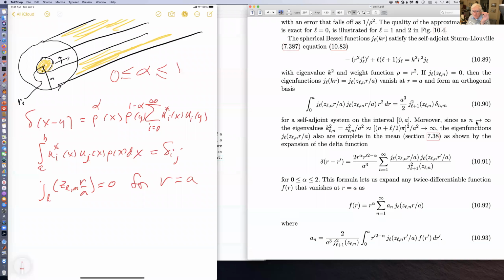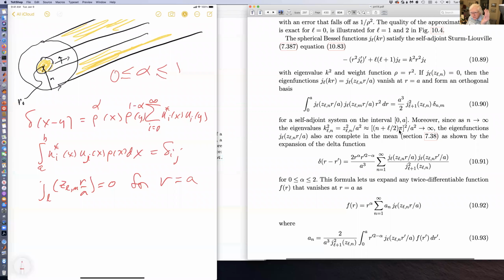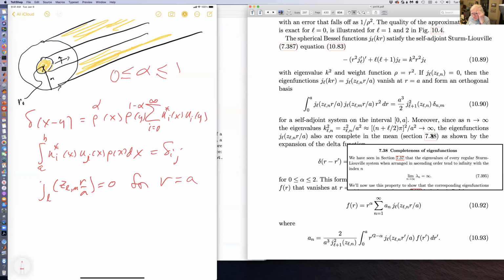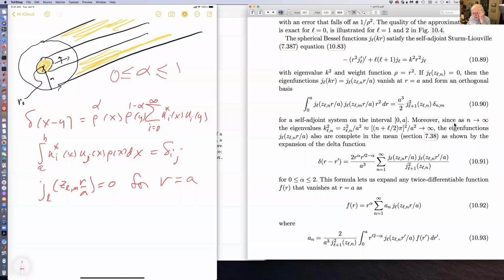So let's see, where was I? What we've got is basically n plus L over 2, times pi, squared. And so as n goes to infinity, this goes to infinity. And so these things are complete in the mean as discussed in section 738.